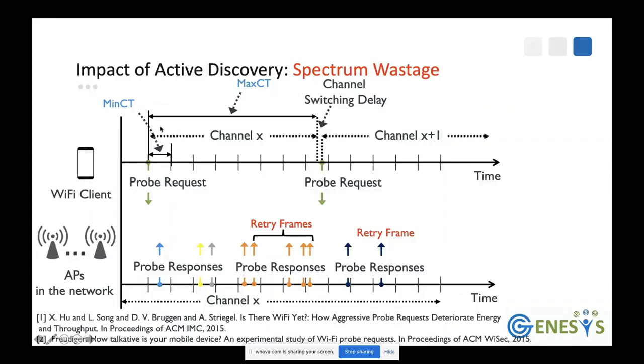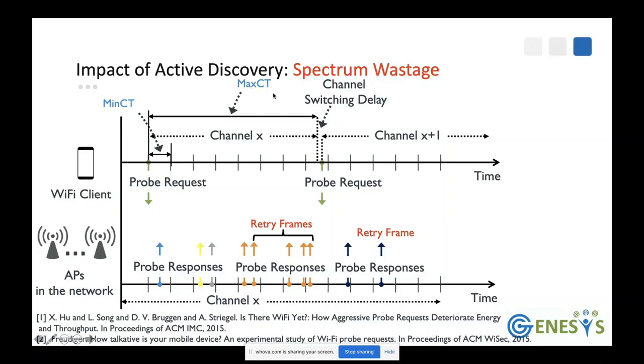After sending the probe request, it waits for a time called the minimum channel time, which is usually a time to simply sense the channel. If it finds any activity on that channel, it will wait for a time called the maximum channel time. During this time, there could be multiple APs that respond to the probe request with probe responses.